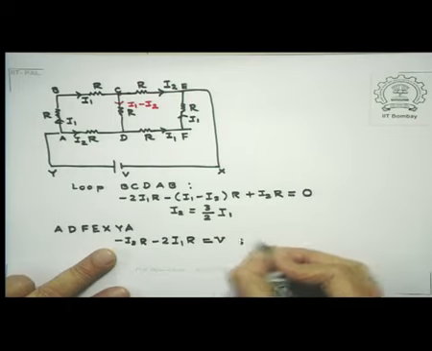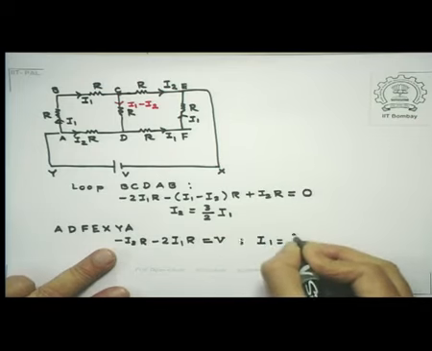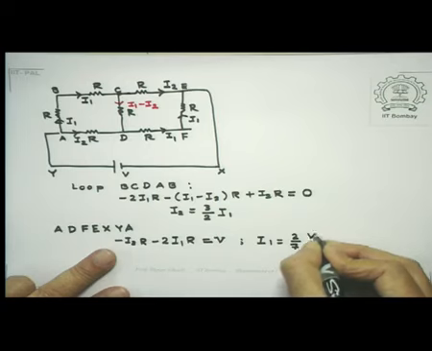So if you look at that, then I get I1 is equal to 2 by 7 V by R.